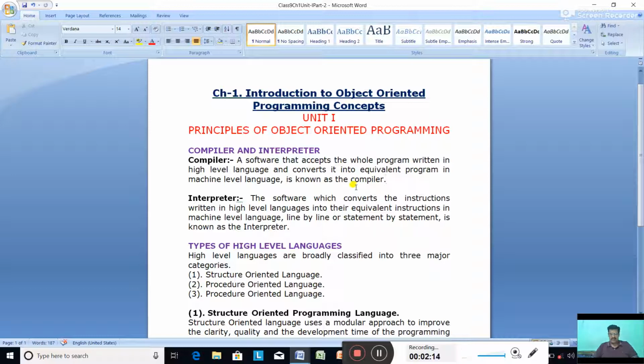The program which the compiler uses for conversion is known as the source program or source code. Once again, the program written in high level language is known as source program or source code, and the program converted into machine level language is known as object program or object code. Alright. So a compiler is designed exclusively to convert a program written in a specific high level language. That means if there are 10 different high level languages, then we need 10 different compilers.